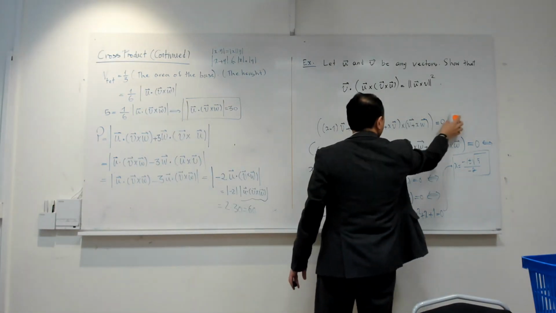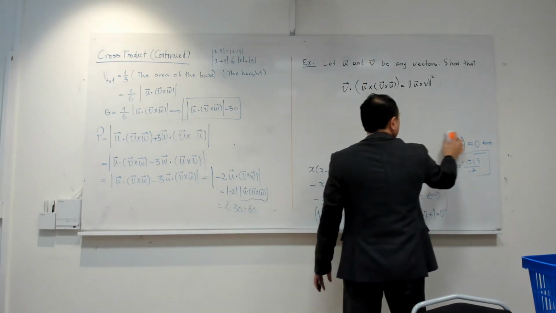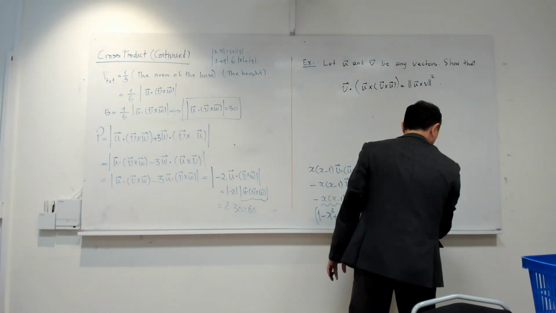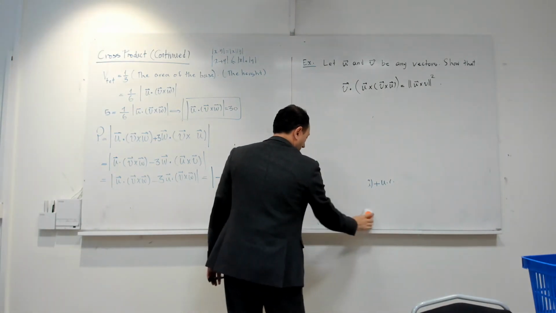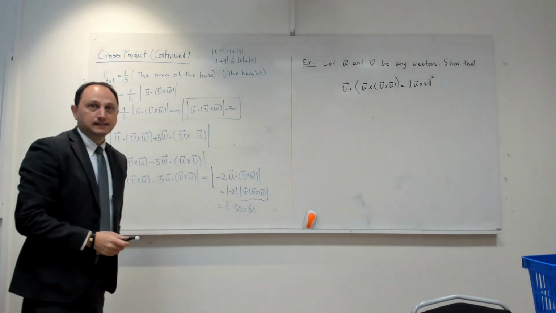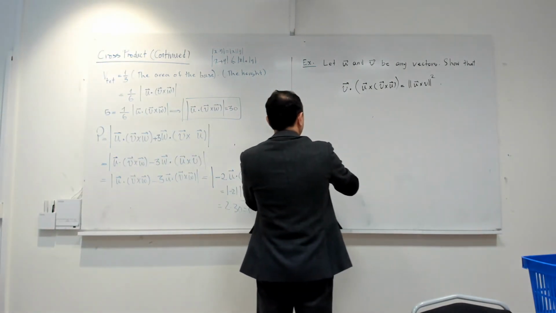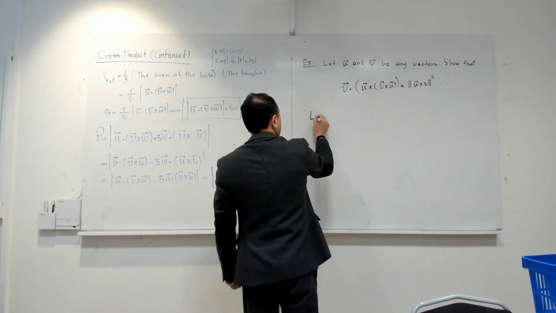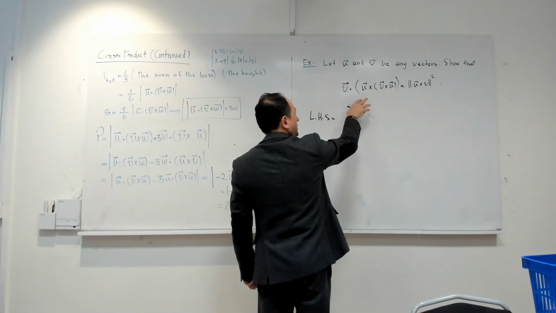So what do you think I can do now? Maybe we can do a lot of things, but at least one thing should be clear for you. So what should I do now? Use the cyclic property. So if I want to start from the left-hand side and use the cyclic property, the way that I am reading it shouldn't change.